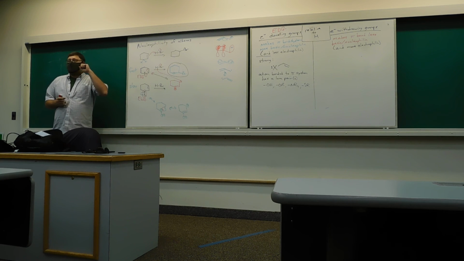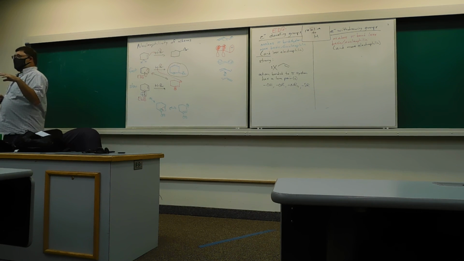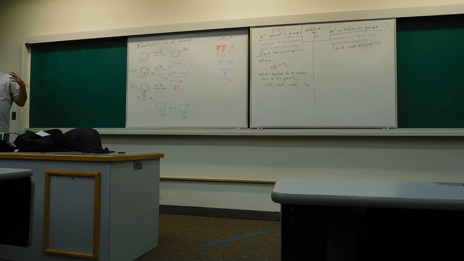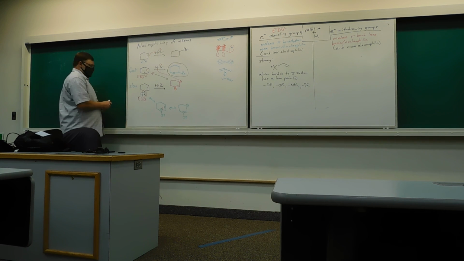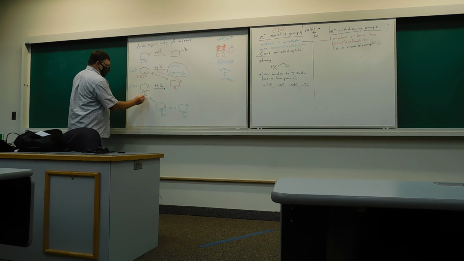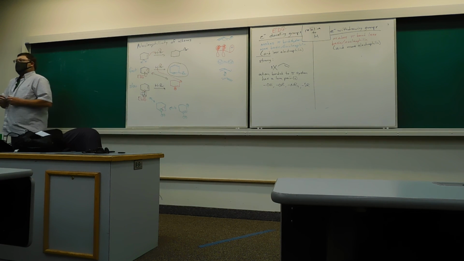The atom that is directly bonded to the pi system will have a lone pair. Not that the thing bonded to the pi bond somewhere out there has a lone pair. On the bottom here, this group bonded to the pi bond has an atom with a lone pair, but the atom with the lone pair is not directly bonded to the pi bond. It's farther away.